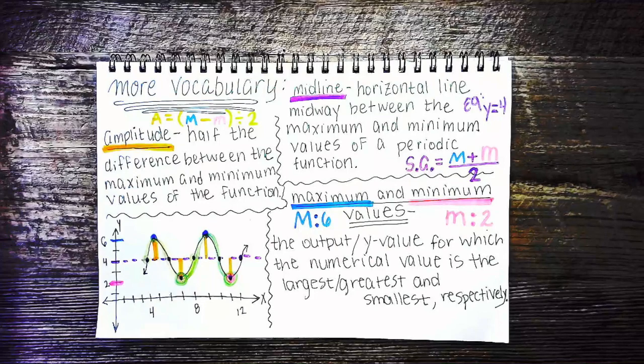You may describe a cycle different than the person you check your homework with, than someone who sits near you, than your friend, whoever. However, you can both be right as long as they both have the same period. And again, the period is the horizontal length of one cycle. So let's check the horizontal length of these two cycles.